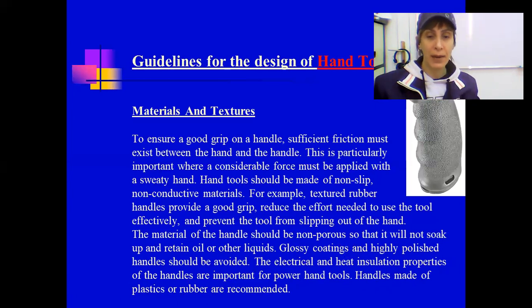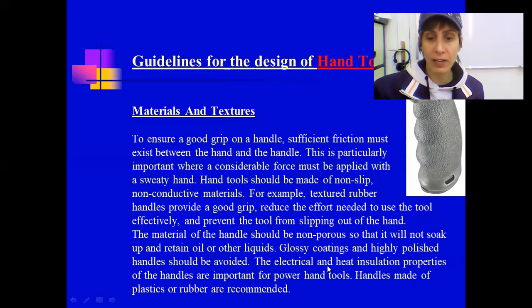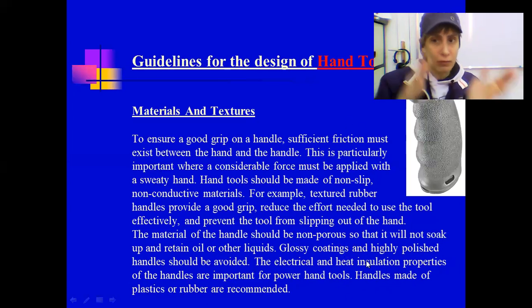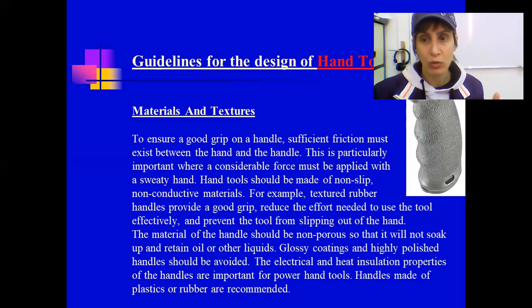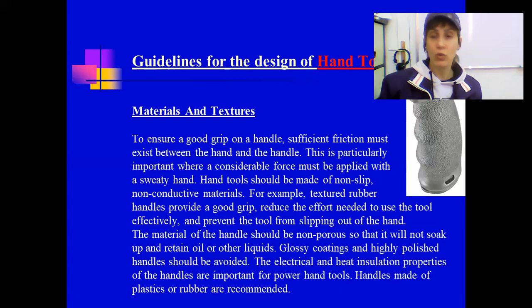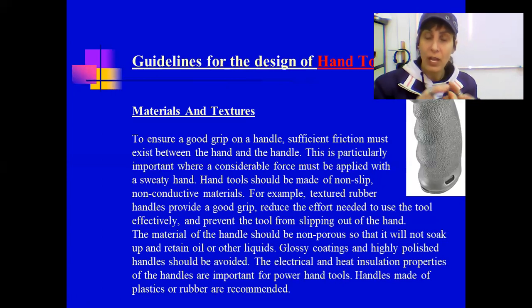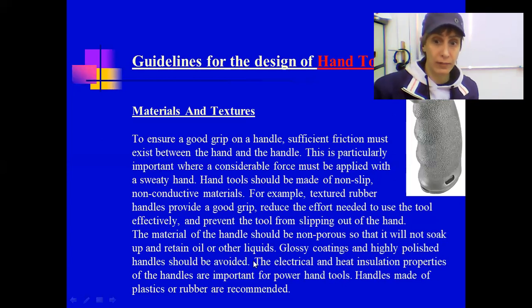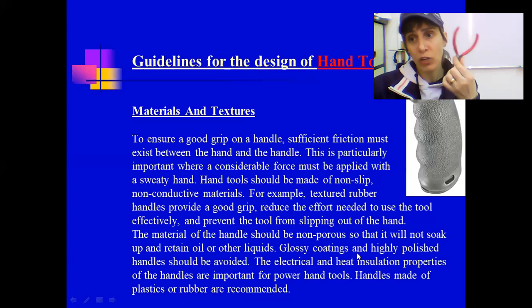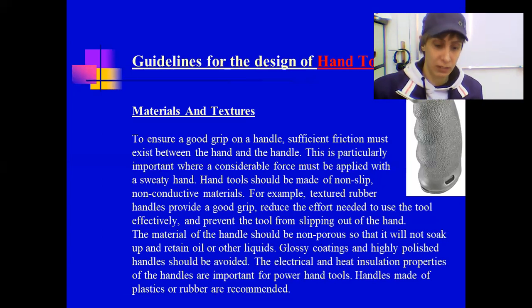But when you talk about electrical and heat isolation, this is if you're designing a powered hand tool, a mechanical system that uses electricity. Then you must use materials that prevent you from getting an electric shock when using it, and also heat. This tool cannot produce heat, or cause me an electric shock.